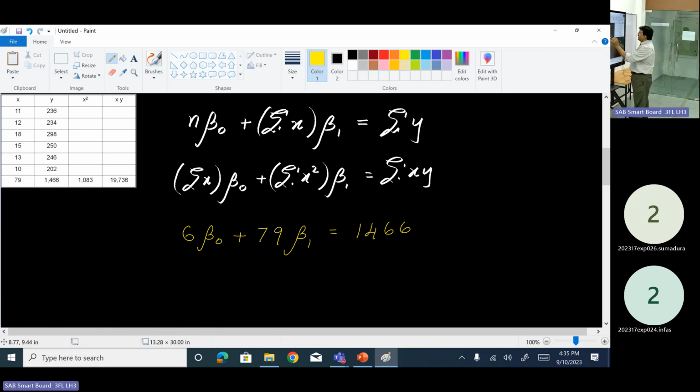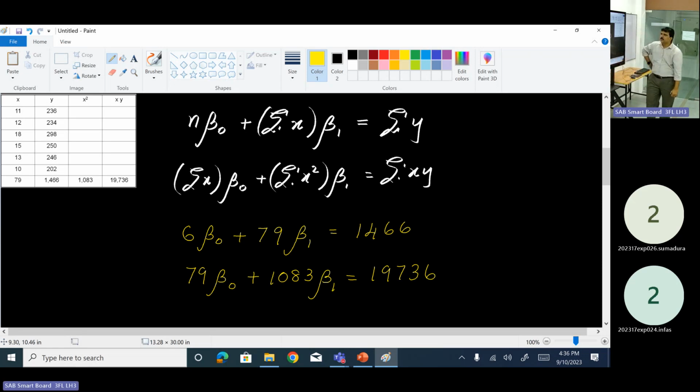Second one: sigma x is 79 beta naught, sigma x squared 1083 beta 1, sigma xy 19,730. Two equations, two unknowns. So get your beta naught and beta 1.